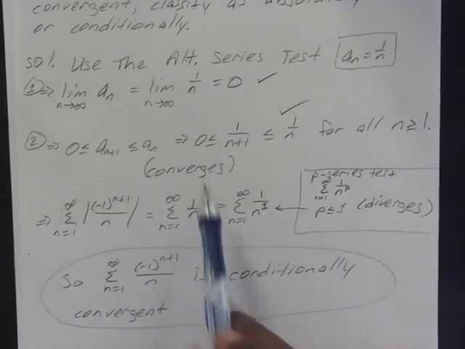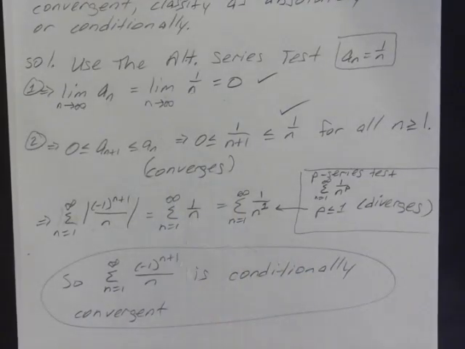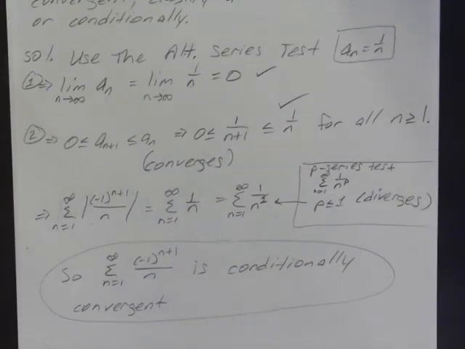Okay. Both would have to be convergent in order for this to be absolute convergence. Okay. So if the absolute value and the actual series itself converges, then it converges absolutely.